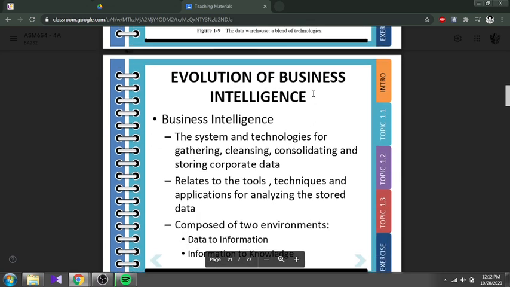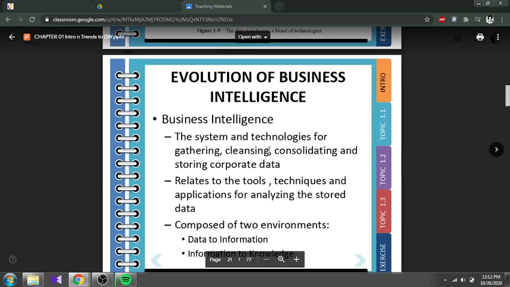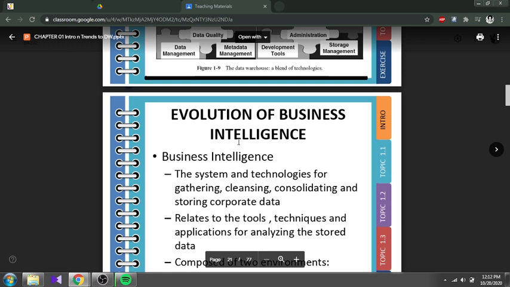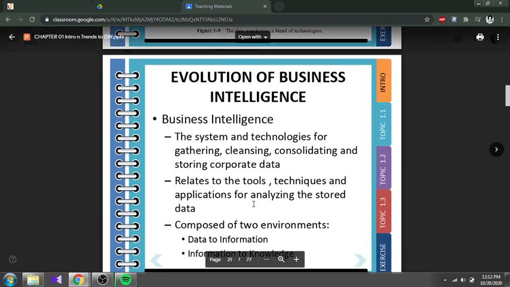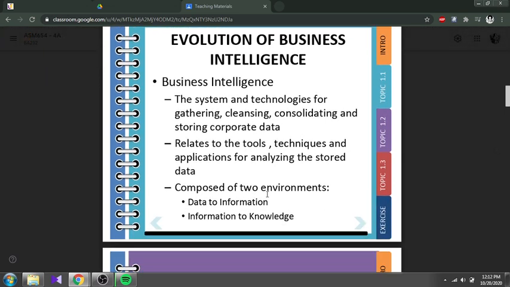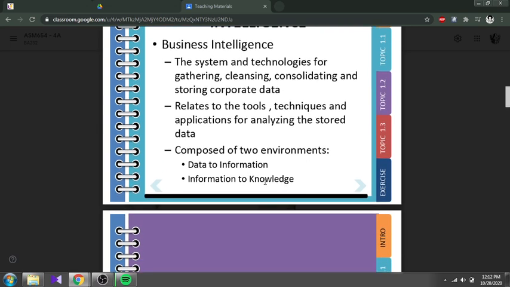The evolution of business intelligence. Once we have this data warehouse in the company, we have business intelligence available. It is the systems and technologies for gathering, cleansing, consolidating, and storing corporate data, and then the tools, techniques, and applications for analyzing the stored data, composed of two environments: data to information and information to knowledge.